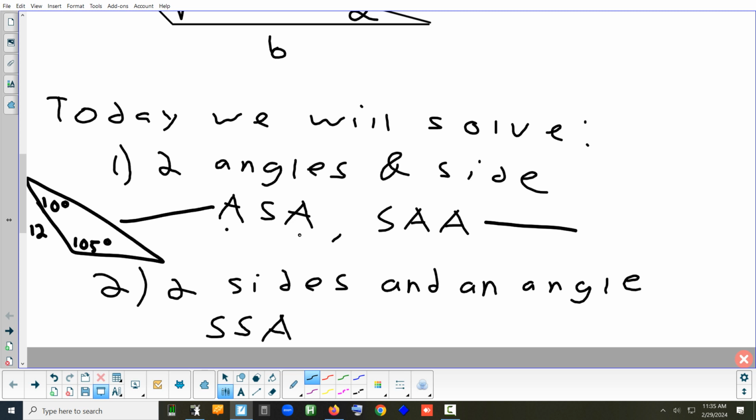The one that you just mentioned would be more like this. Let's say they gave you side, angle, angle. We basically solve it the same way, but with a slightly different layout of numbers.